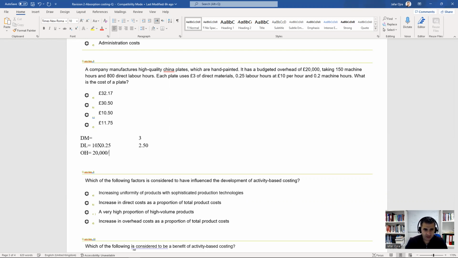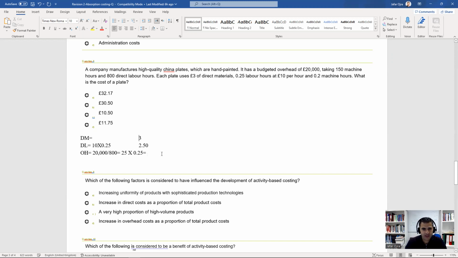£20,000 divided by 800 hours gives 25. This £25 is the OAR, the overhead absorption rate. Then in order to find the overhead per unit, you multiply it by the labor hours per unit, which is 0.25.